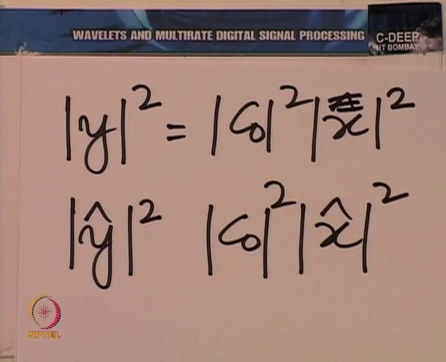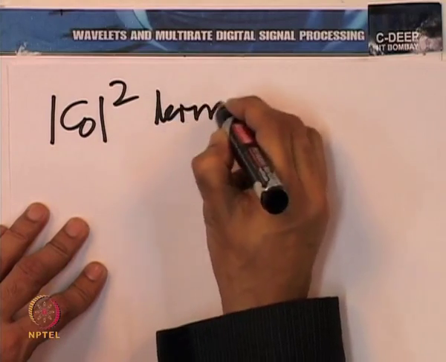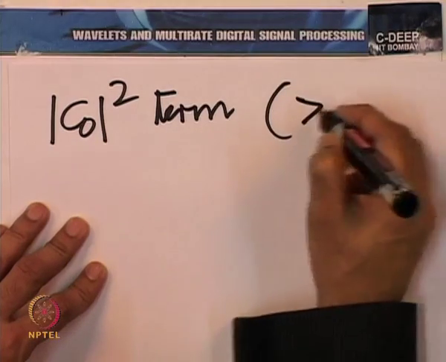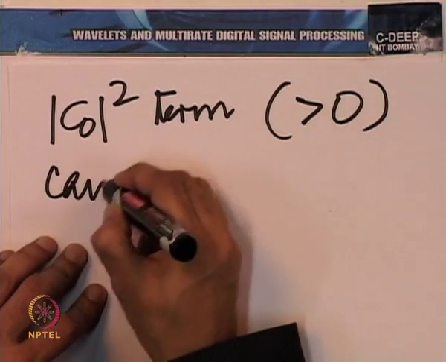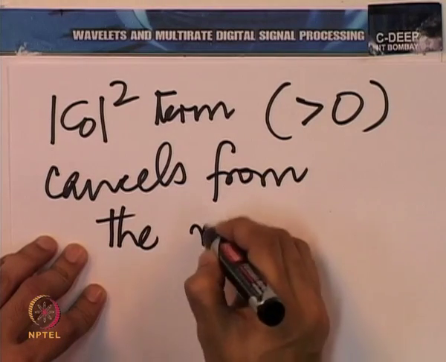Now, when we take a ratio, this mod C 0 squared being non-zero is going to cancel from the numerator and denominator. And therefore, when we scale the dependent variable, there is no effect on the time center or the frequency center. Let us make a note of that. The mod C 0 squared term, of course, greater than 0, strictly cancels from the ratio.